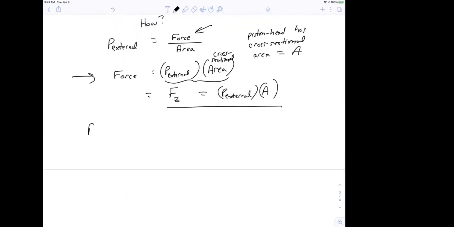So back to work. dW, and I remind you that I use this little line here, and we'll get to that in a moment.